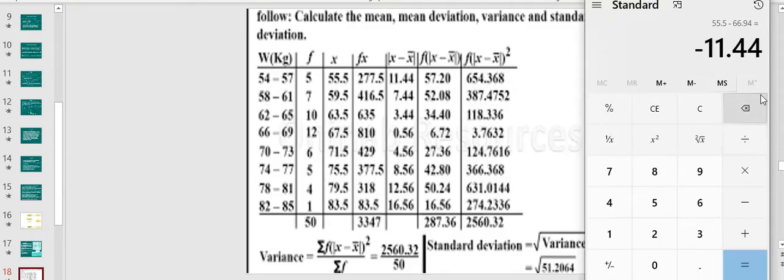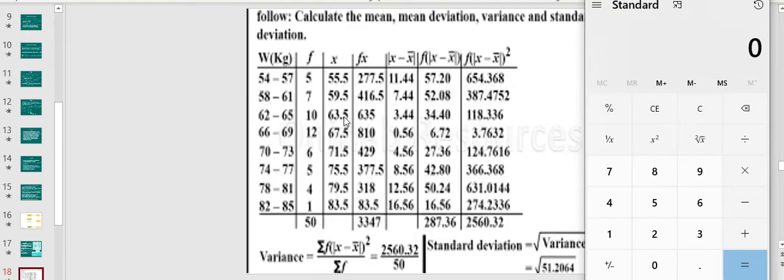Then 59.5 minus 66.94 equal to 7.44. We will ignore the minus sign.